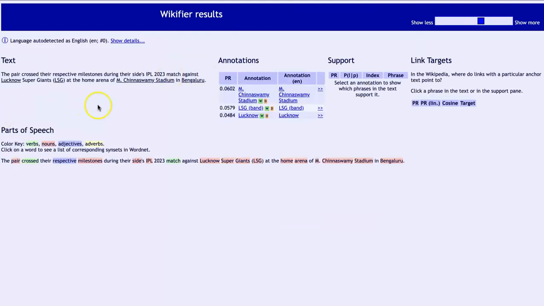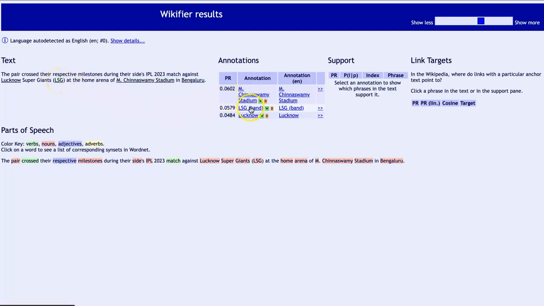Again, I've just given this paragraph. From this paragraph they automatically identify the entities Lucknow, LSG, M Chinnaswamy Stadium, and Bangalore. But I guess they have wrongly connected LSG.